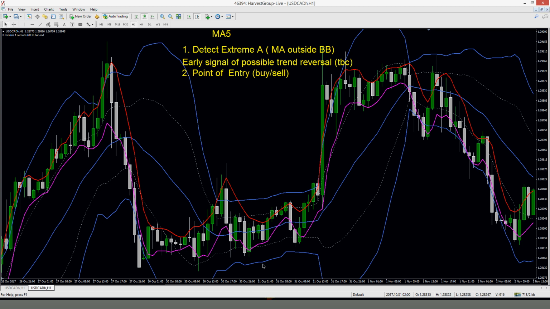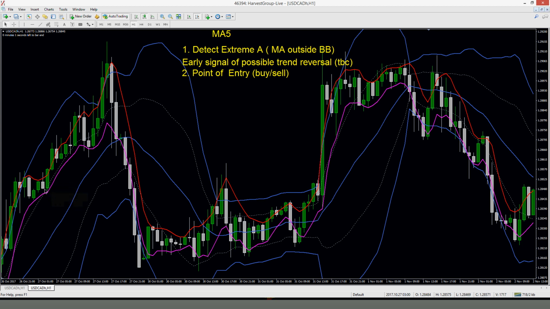So what do I mean by this? Every time we look at MA5 high, whenever the price rejects MA5, then the price is going to go down. And you can see here, the candle rejects MA5 high, so the price went down. As soon as it went down over here, as you can see, candle rejects.